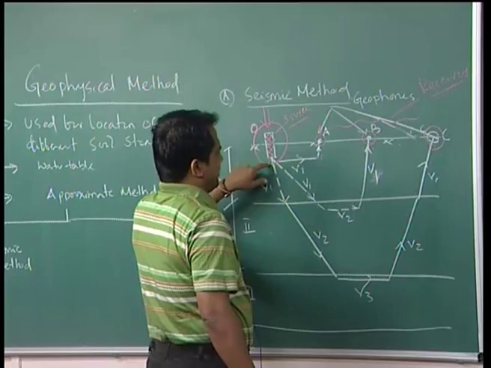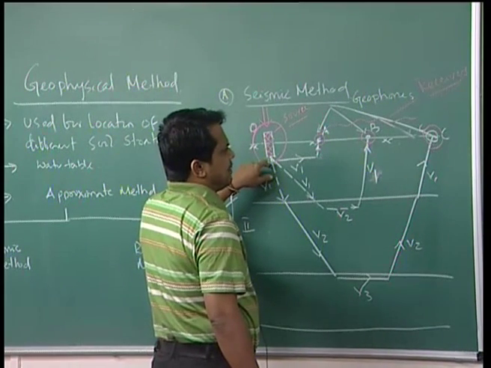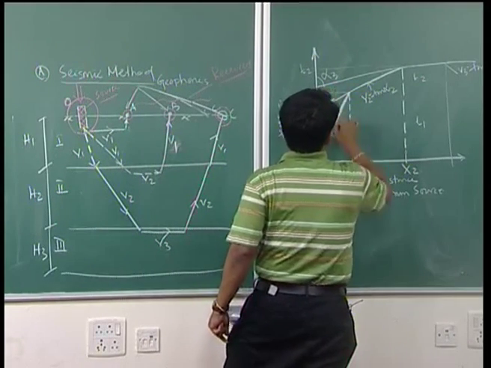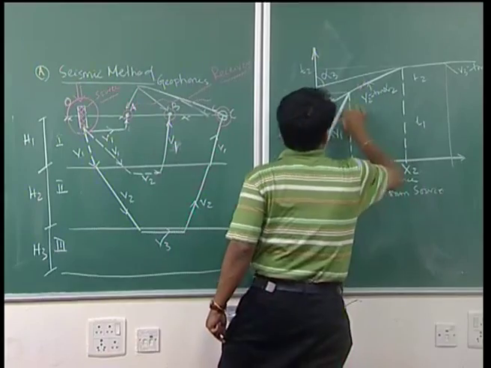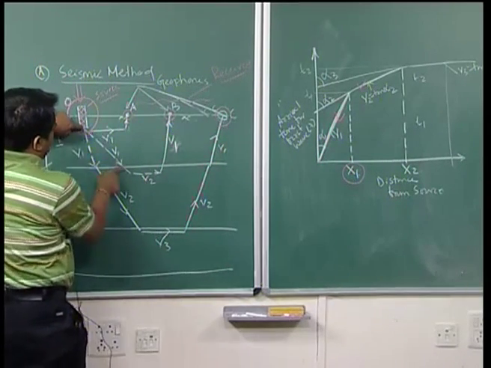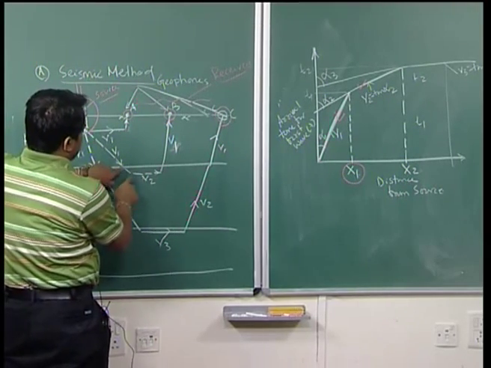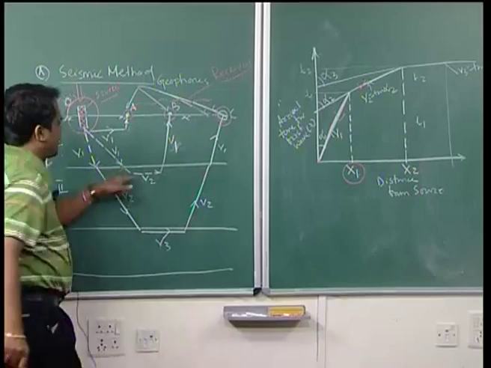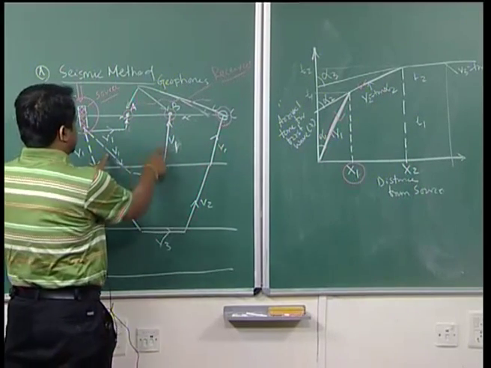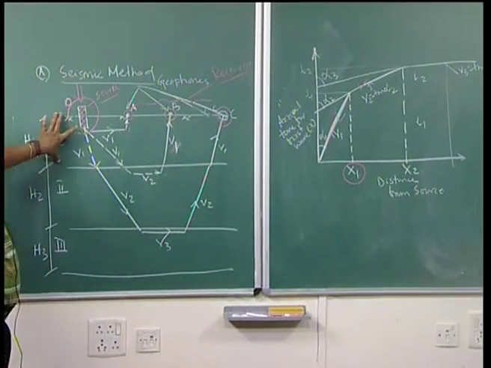At the same time t1, within this frame of time, what will happen? It travels from here to here with velocity V1, then is reflected with velocity V2, then refracted with velocity V1. That means twice there is velocity V1 with a height of h1.